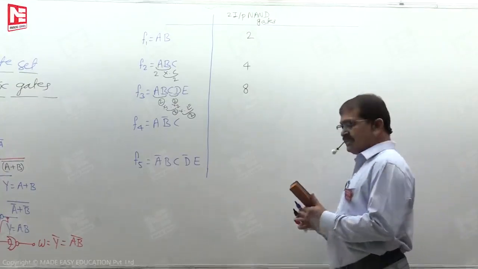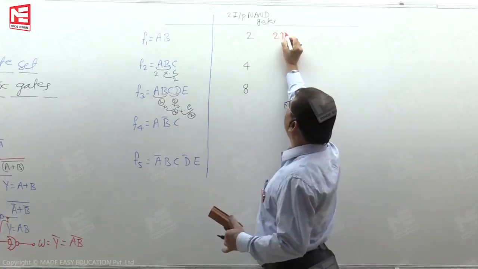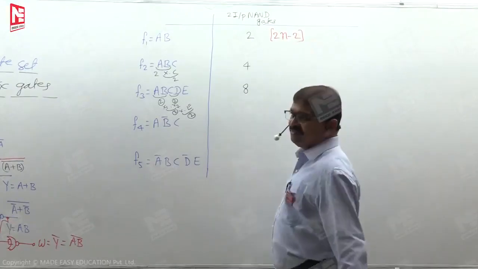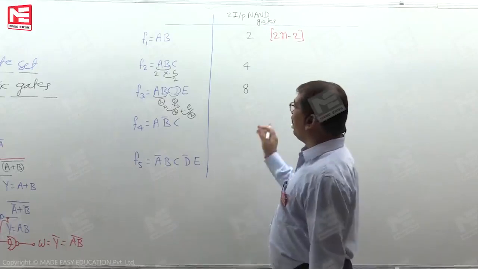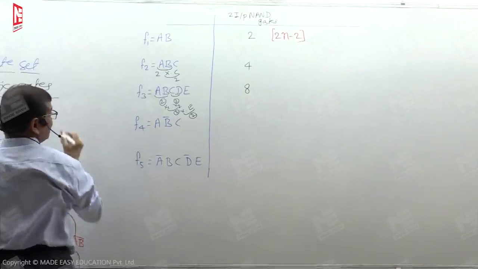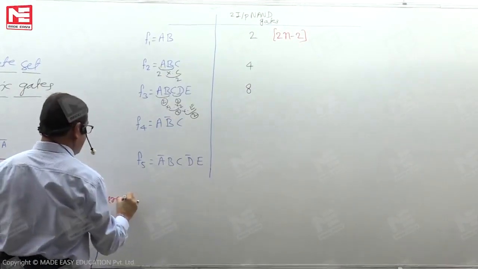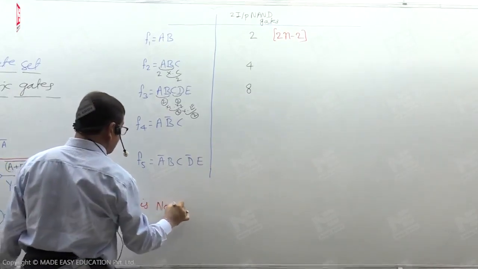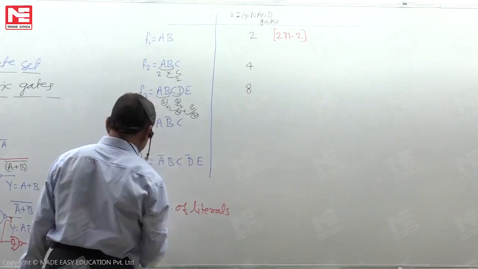The formula possible to speak is 2n minus 2, where n is the number of literals in the product.